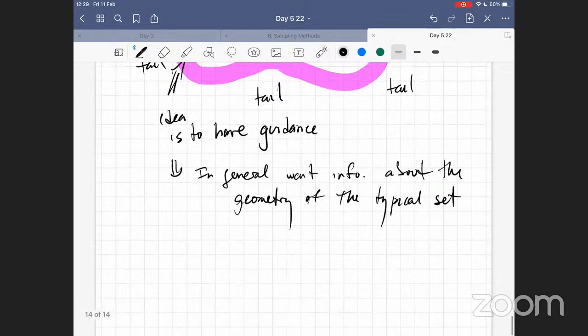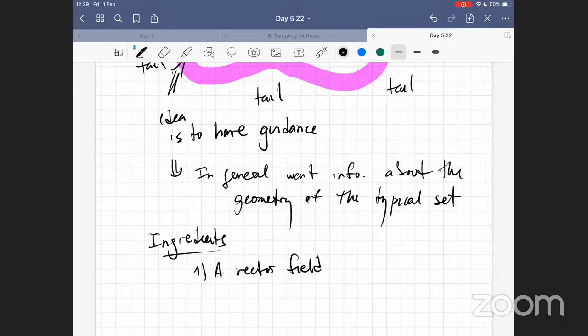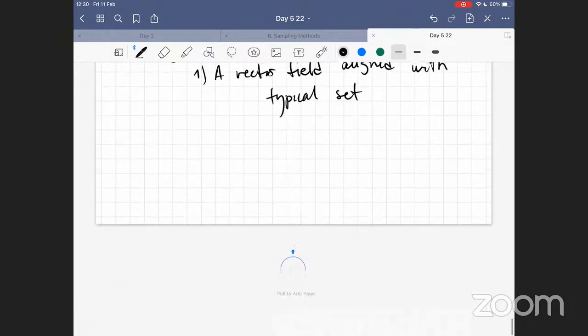So now you try to think about the geometry of a function, or then you may think of a vector field. Let's say you have a vector field aligned with the typical set. So how can we obtain a vector field?